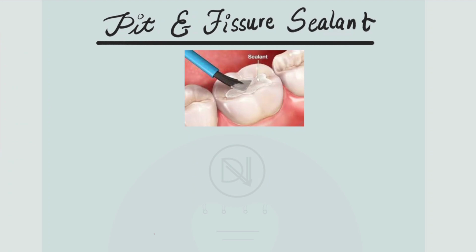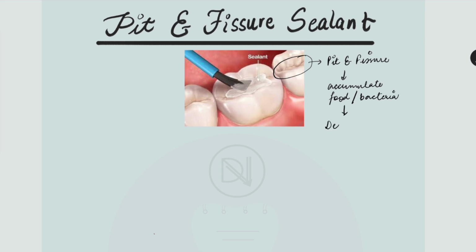So have you ever seen those tiny grooves in our teeth? Yes, over here. These grooves are called pit and fissures. These grooves generally tend to accumulate food and bacteria, which leads to dental caries.